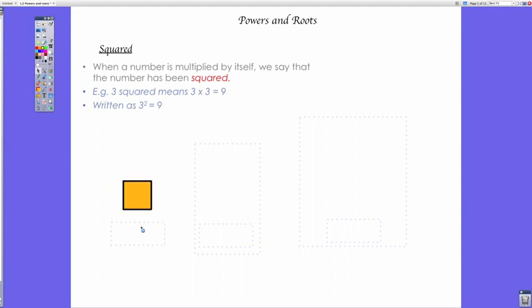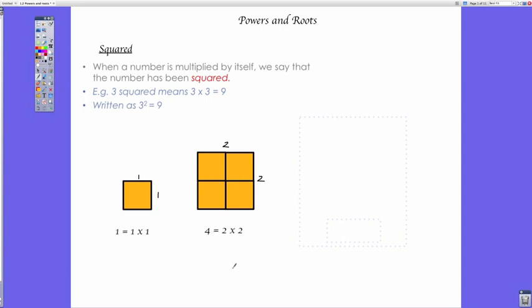If I have a look at this square, you can see where we get the term squared from, because if I look at the area of this, it's 1 unit by 1 unit. To find the area, I do 1 times 1, which is 1. If I look at this next square, it's going across 2 and down 2, so the area of this square is 2 times 2, which is 4.